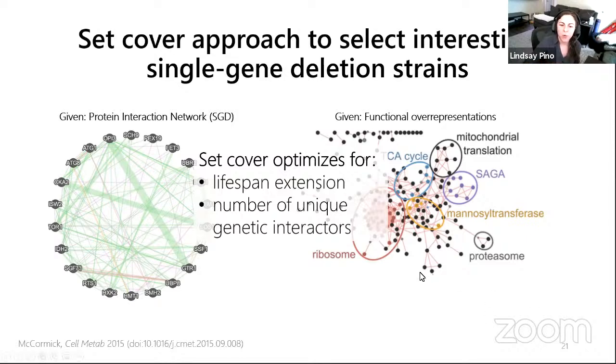So I didn't want to do all gene deletions that were ribosome gene deletions. I didn't want to do all that were mannosyl-transferase deletions. I wanted to cover as much as possible across the functional overrepresentations and have the most unique genetic interactors, the most unique protein-protein interactions.